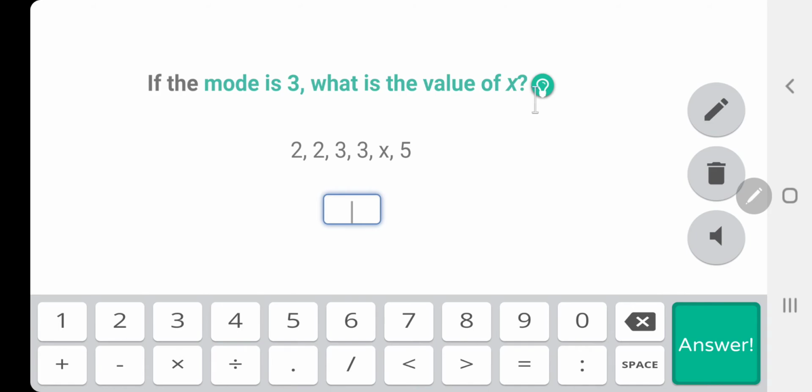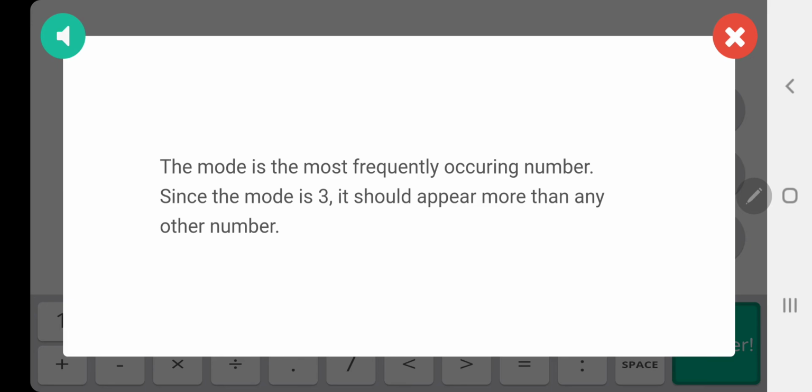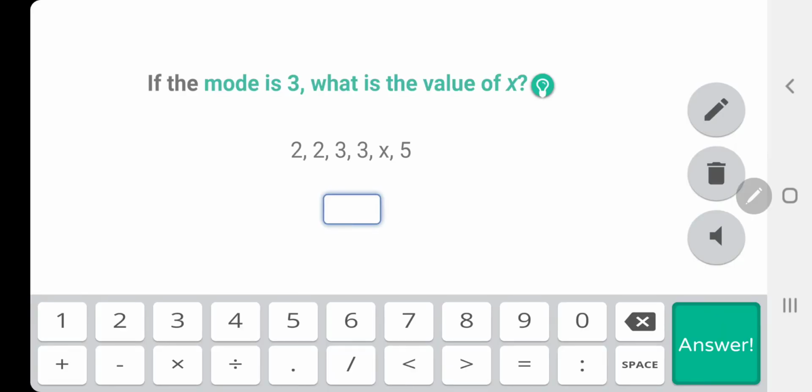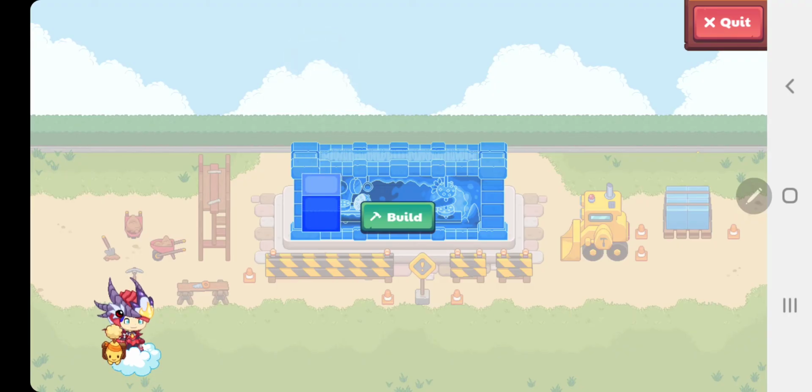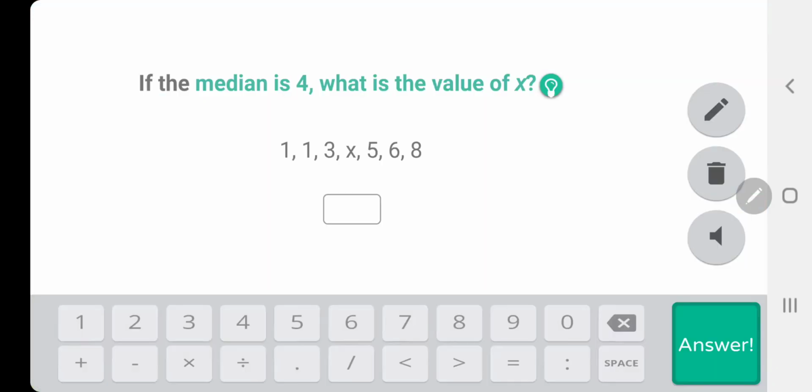So now that he knows that mode is the most frequently occurring number, the mode is 3. So he needs to decide which number should be in the X in order for the number 3 to be the most repeated number in this series. Exactly. So if you touch it, it will tell you build. So you need to do 5 questions in order to build all of it.